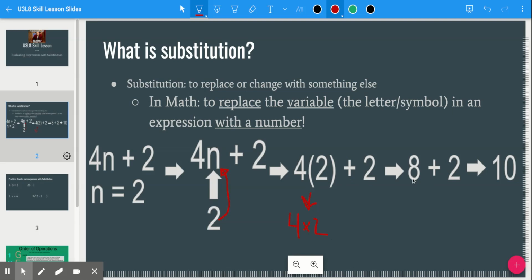And then you'll see that I just followed order of operations and I solved. 4 times 2 is 8. Then I rewrote the rest of the problem that I had yet to evaluate. 8 plus 2 is equal to 10. So that is substitution. Please pause the video at any point to take notes, take a screenshot. This is important information.